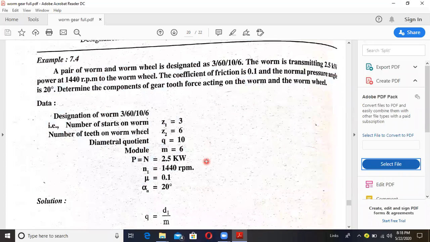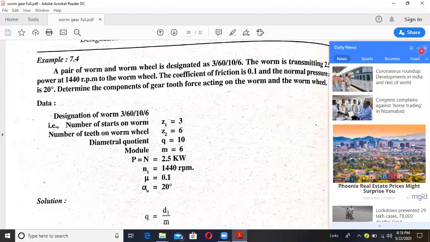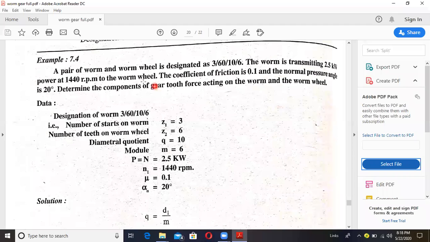Next, they told that the worm is transmitting 2.5 kilowatt power at 1440 RPM to the worm wheel. Here we already discussed that the worm is the driver and the worm wheel is the driven. Therefore, the power is transmitting from worm to the worm wheel.